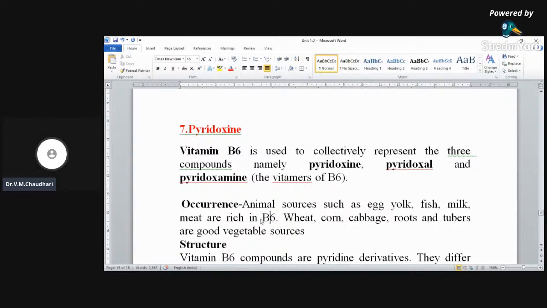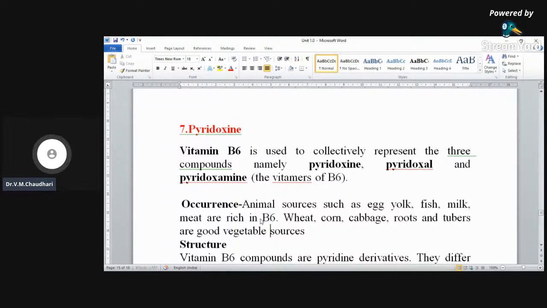Wheat, corn, cabbage, roots, and tubers are the good vegetable sources for vitamin B6. Egg yolk, fish, milk, meat are the animal sources for vitamin B6.